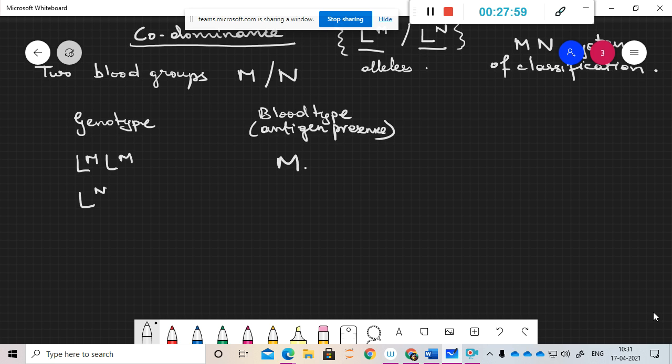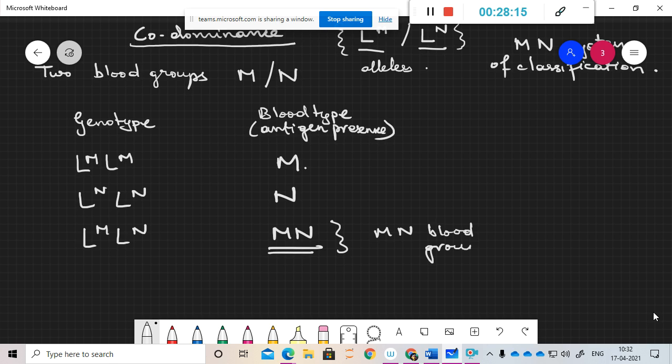If you have L^N L^N, the blood type is N. But if it is L^M L^N, both M and N antigens are present. So it's the MN blood group. So both M and N are present. M is not dominant. M is equal to N. So they are codominant.